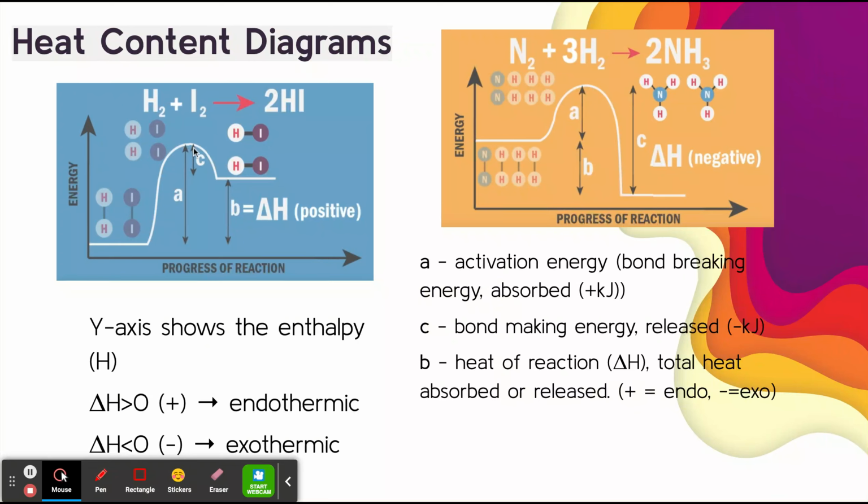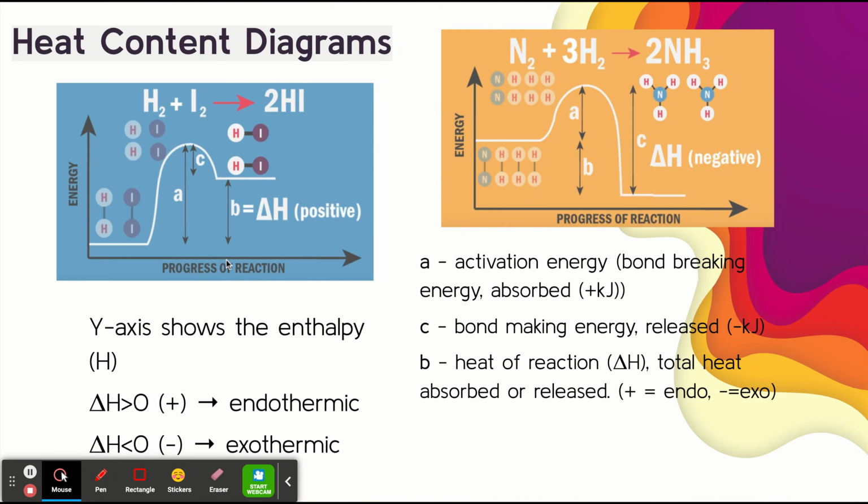And then we have the energy that is released, C, the energy that is released when I form the bonds in my products. And so the net change in energy is B. It's that delta H, or our change in enthalpy, is the net change. We can see that it's the difference between where my reactants and products are.